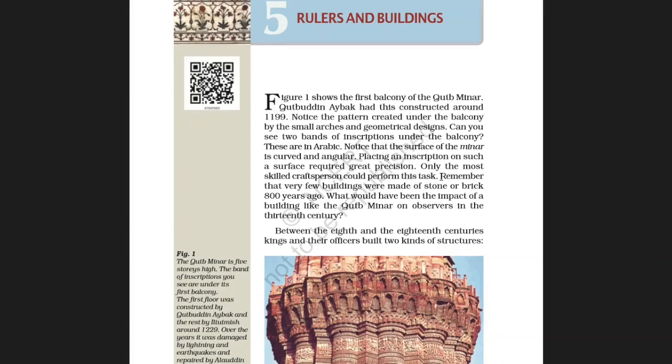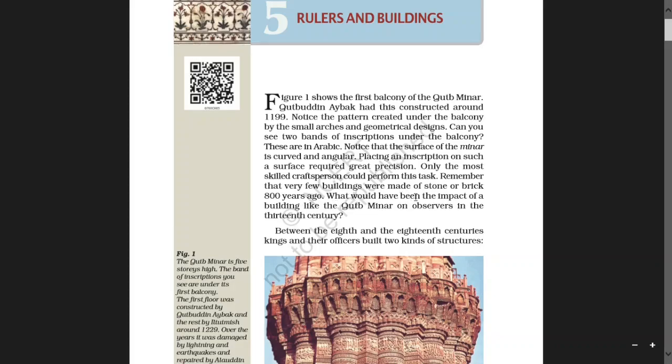So that craftsperson also should be a skilled, well trained person, otherwise it would not be possible. Remember that very few buildings were made of stone or brick 800 years ago. Boys, you must remember, among all the buildings, only a few were made of stone or brick 800 years ago.